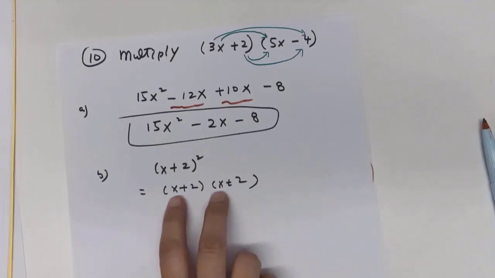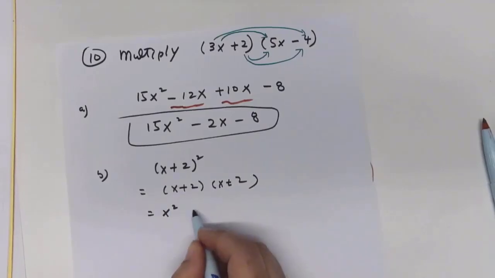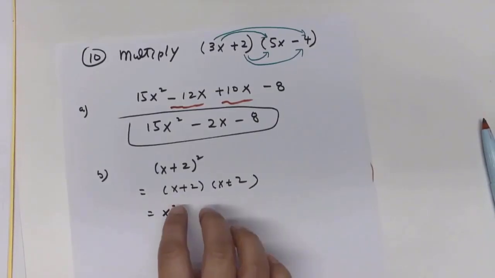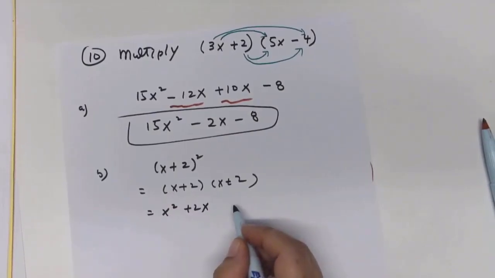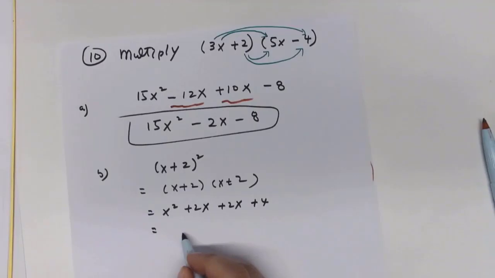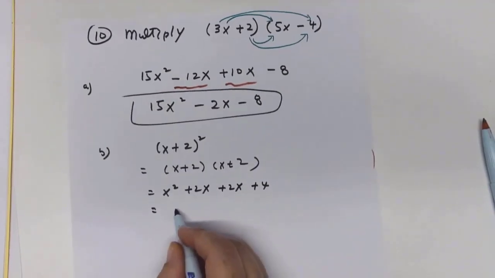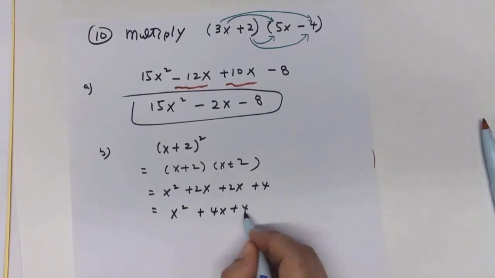And then we have x squared plus 2x plus 2x plus 4. So the final answer is x squared plus 4x plus 4.